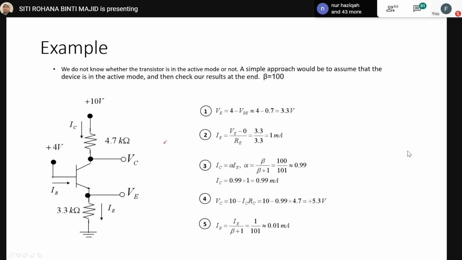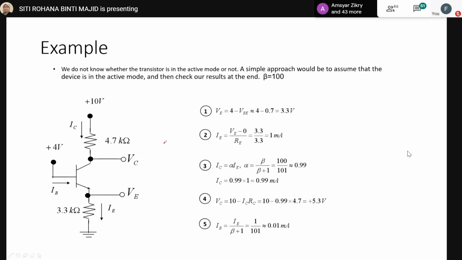But here we don't know how to calculate the VCE, right? We also cannot determine whether it is VCE saturation, for example, because it's not given. You can only calculate the value at each point, terminal or element from here.